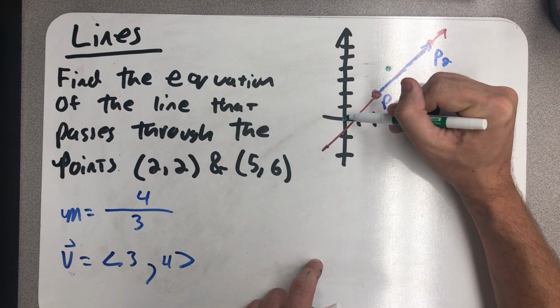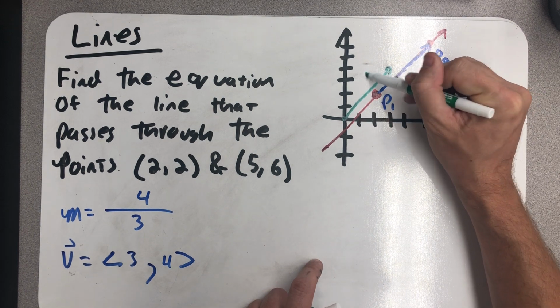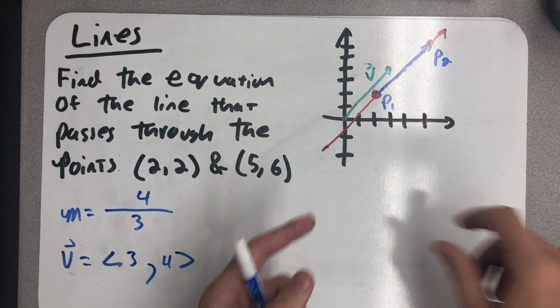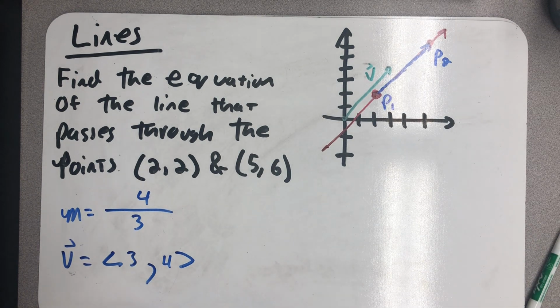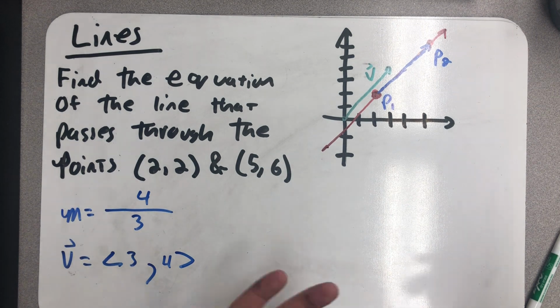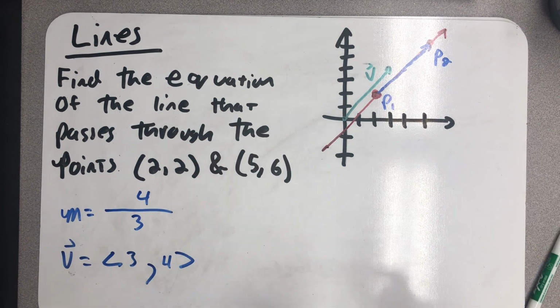And in fact, that vector v would be parallel to my line because it goes over 3 and up 4, and this line goes over 3 and up 4. Okay, so I have a vector parallel to a line. Maybe that'll help us in a minute. Right now, I should probably just finish finding the equation of this nice happy line in the plane.